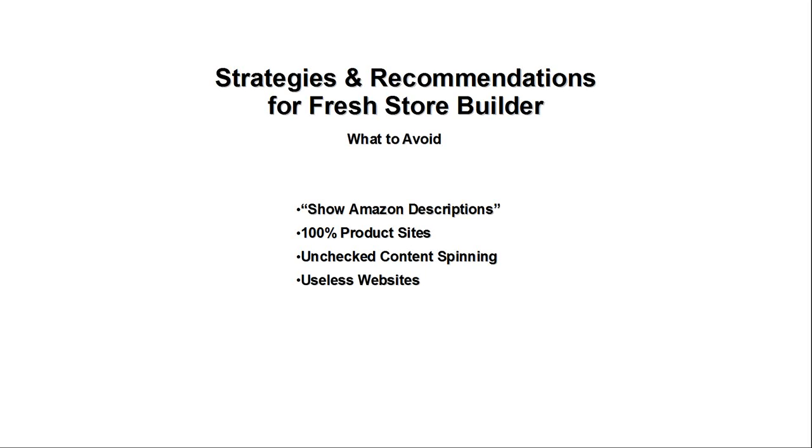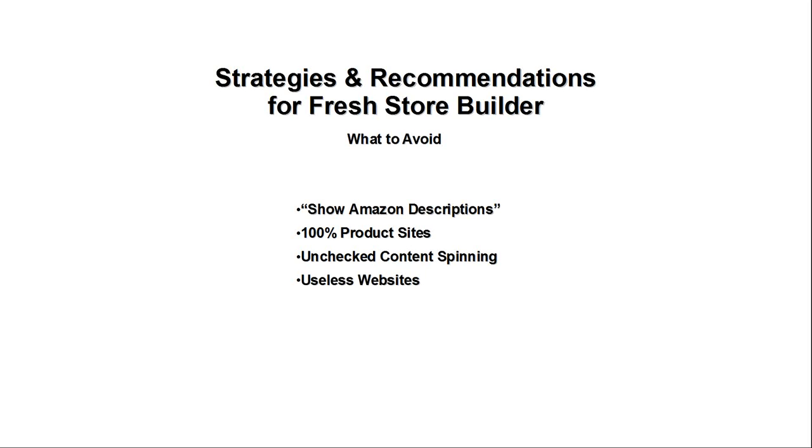Now, this also brings me to the next couple of points. Search engine rankings can be heavily affected by how you actually proceed with building a website using Fresh Store Builder. There is a feature in it called content spinning, and I highly recommend either avoiding using the content spinning completely, or if you are going to use it, use it with caution.